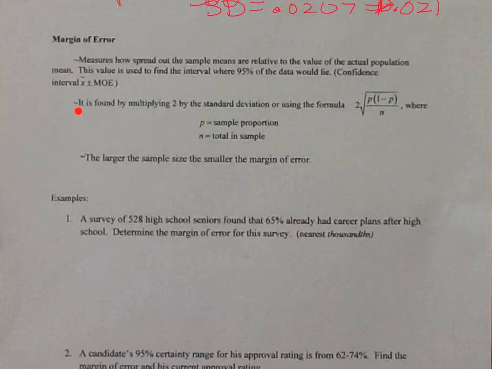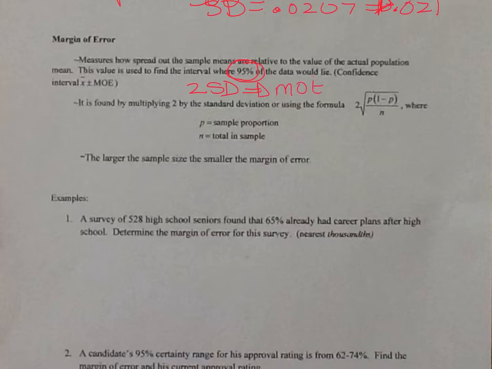To find this, you take the standard deviation formula that we had above, and then you multiply that by 2. What you need to know is that this 95% is 2 standard deviations, which is 95% of the data. So that's the margin of error.